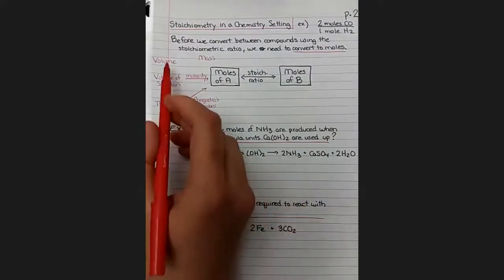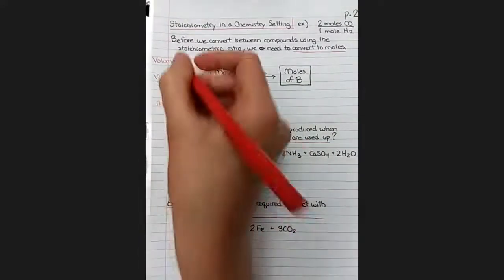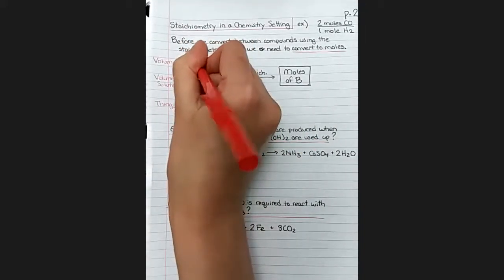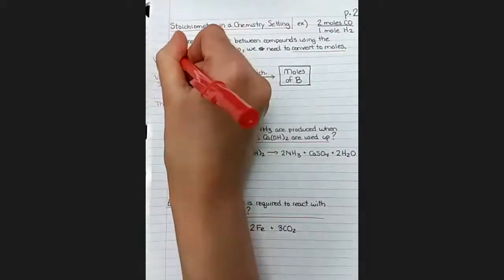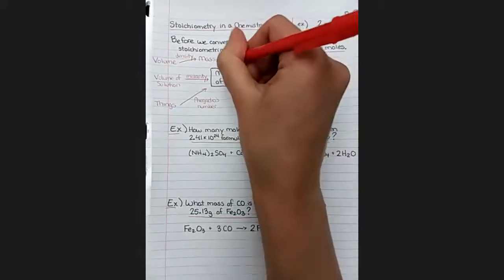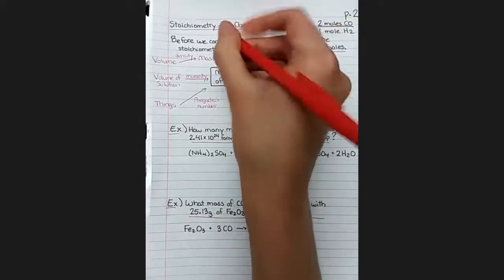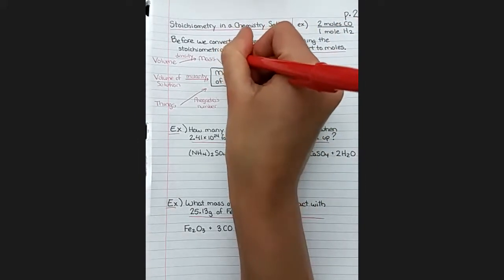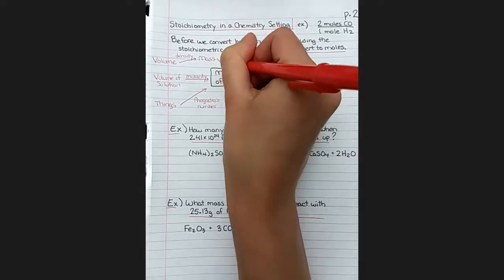If we want to convert from volume, we need to go through mass first. So our handy dandy tool to get from volume to mass is density, usually in grams per milliliter. And then from mass, we can convert to moles using the molar mass, either of one element or of a compound.